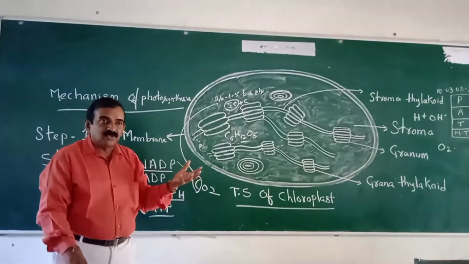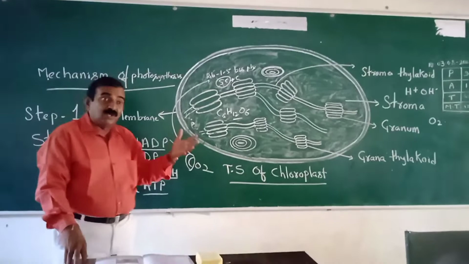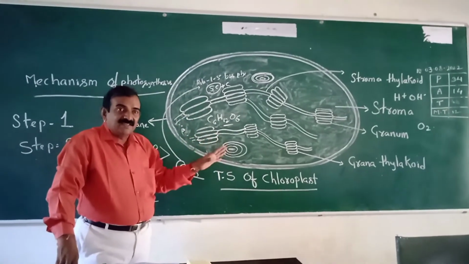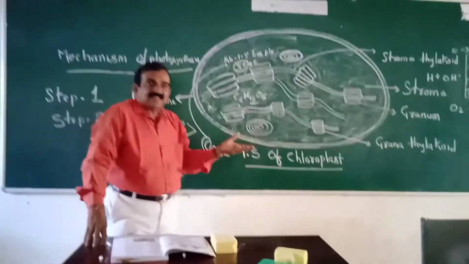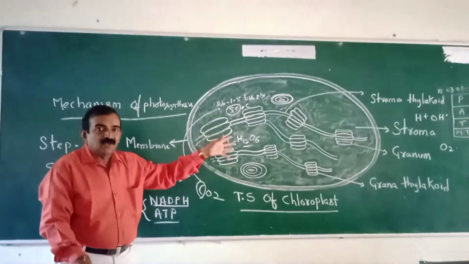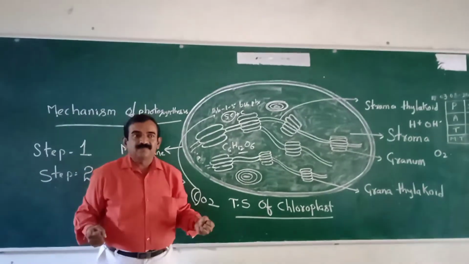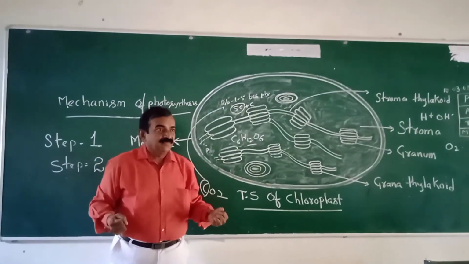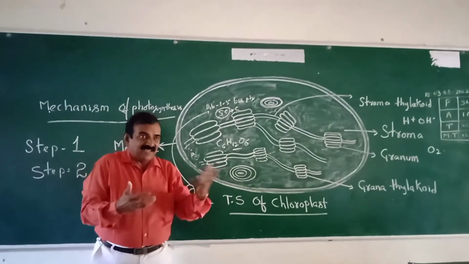Excellent. So you understood well about the structure of chloroplast and also steps that are involved in light reaction and also in dark reaction. So at the end of the dark reaction, what is formed in the chloroplast? Glucose. That is food, and that food we are eating. So we are eating the food of our plant, and directly we are depending.